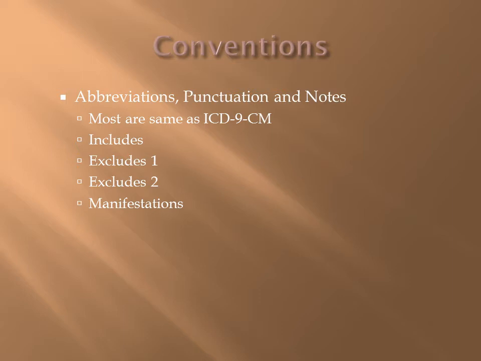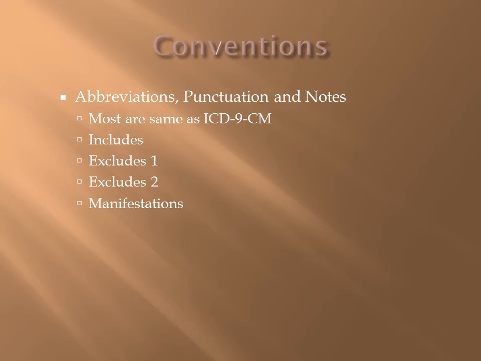Excludes 1 indicates the excluded code should not be assigned in conjunction with the code under which it is listed, as the two conditions do not occur together. Excludes 2 indicates that the condition being excluded is not considered to be part of the condition for the code under which it is listed, but rather another code should be assigned.